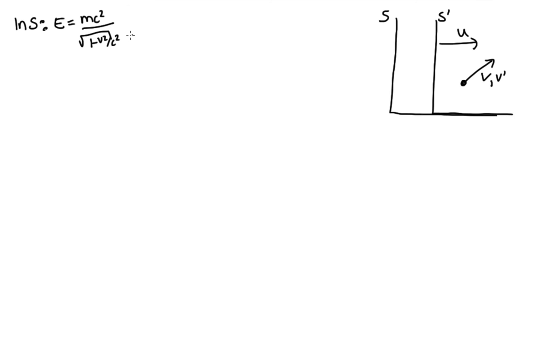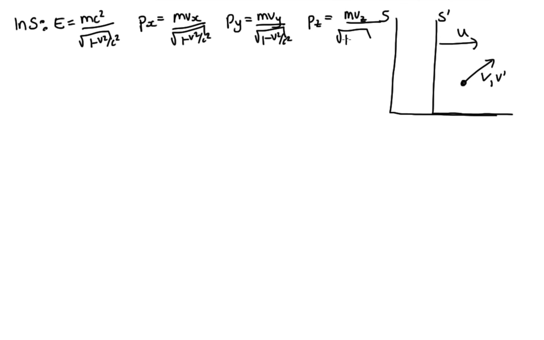And we know that px is equal to mvx over the square root of 1 minus v squared on c squared. py is equal to mvy over the square root of 1 minus v squared on c squared, and pz is equal to mvz over the square root of 1 minus v squared on c squared.